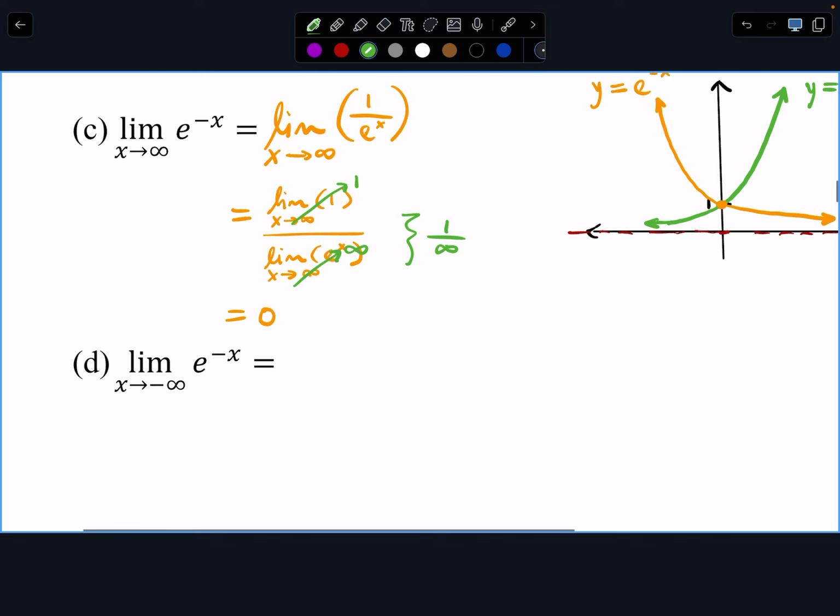Now, e to the negative x, as x approaches negative infinity, you could think about the graph and be like, oh, hey, that's equal to positive infinity.